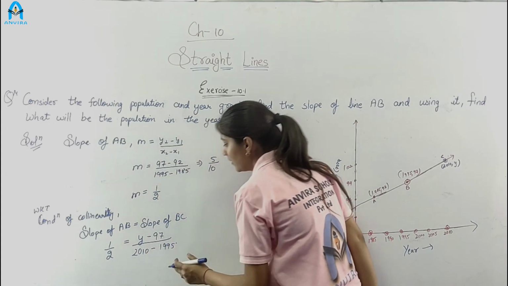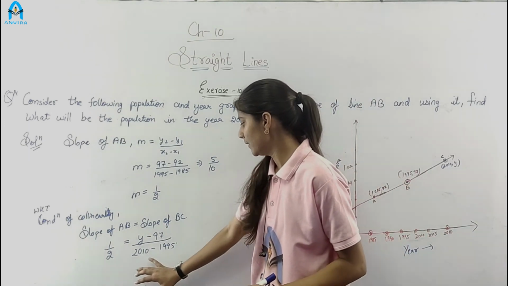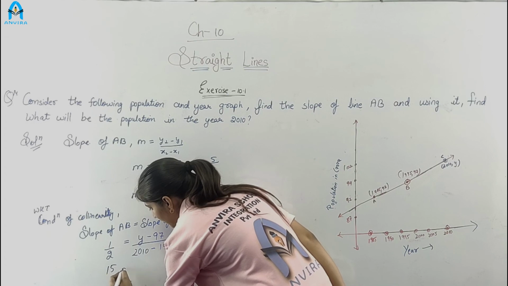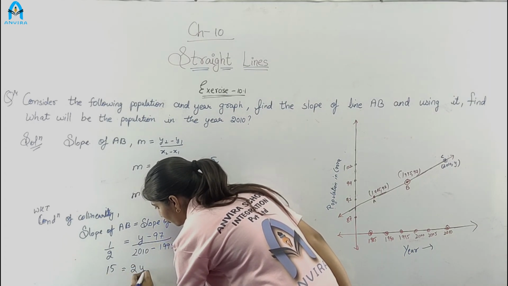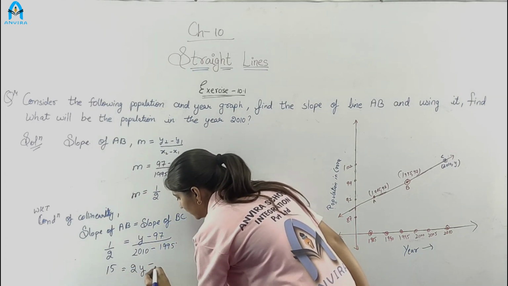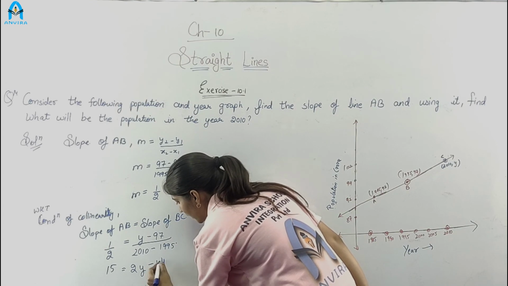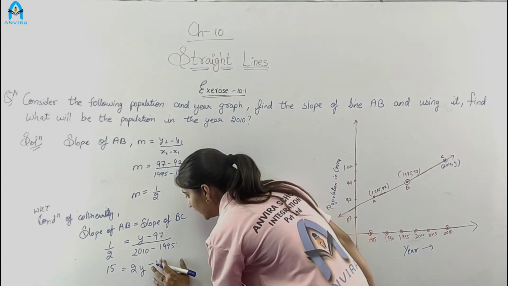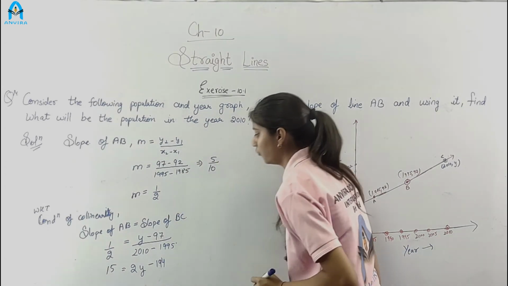So from here we will get 2y minus 194 is equal to 2010 minus 1995, that is 15.